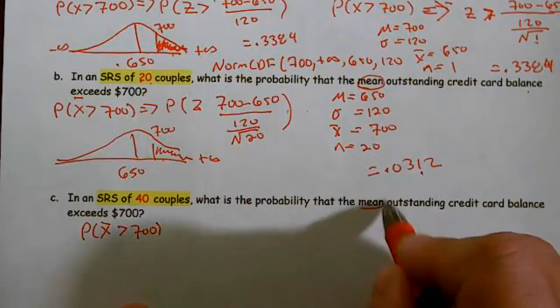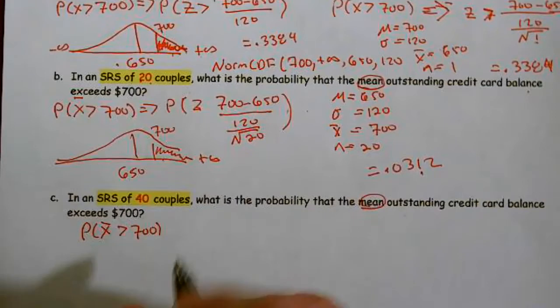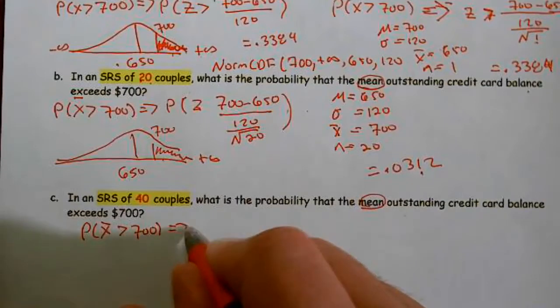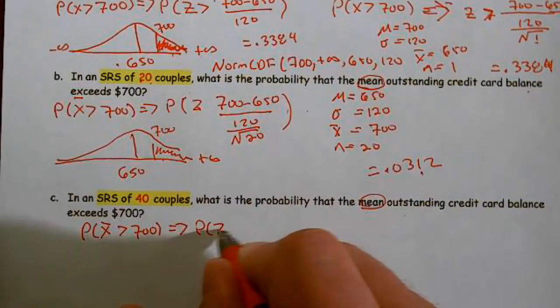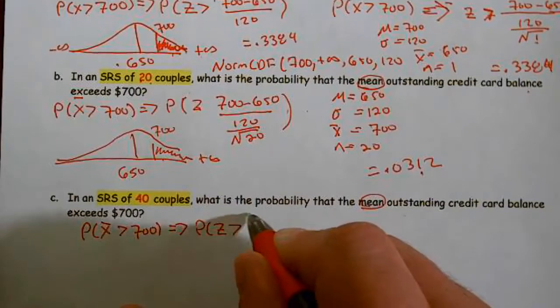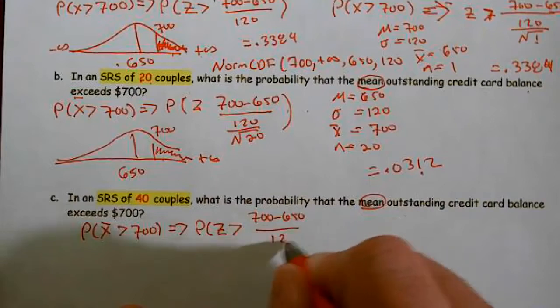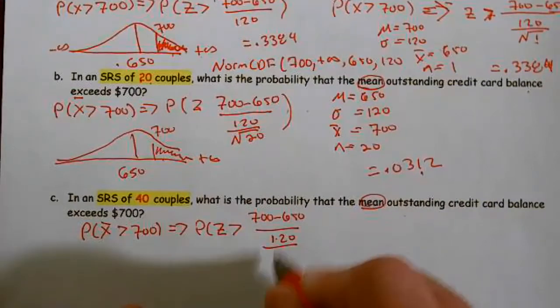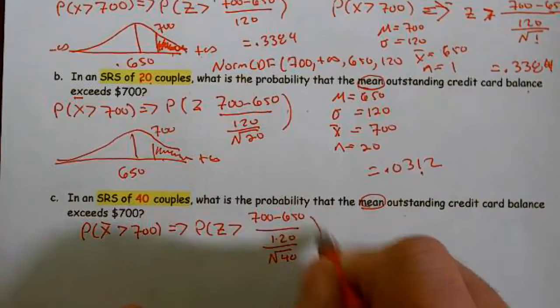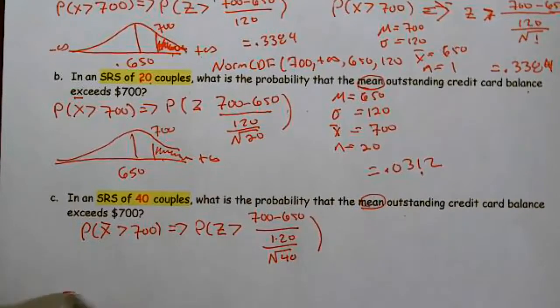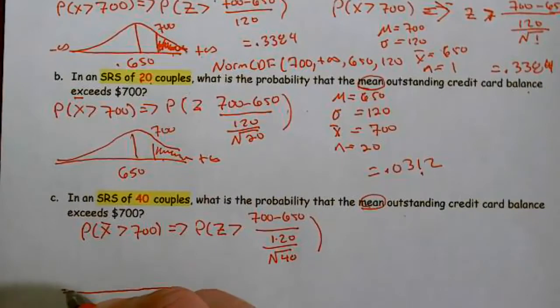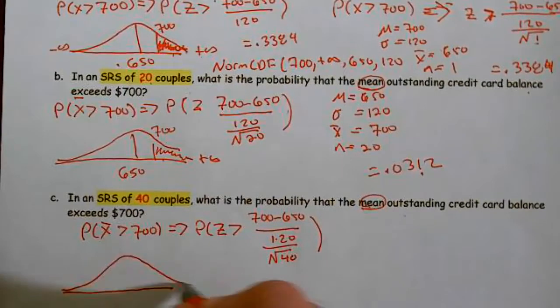Because they're asking about the mean, so make sure you pay attention to that. There's a probability that Z is greater than 700 minus 650. So far, nothing is changing, except I have to use a different sample size. Our picture should be a lot taller, but it's otherwise the same.